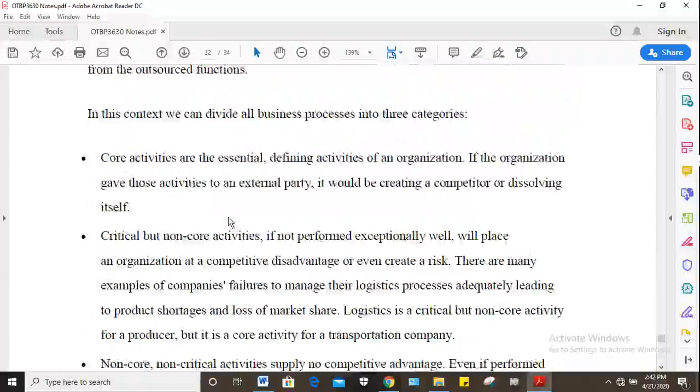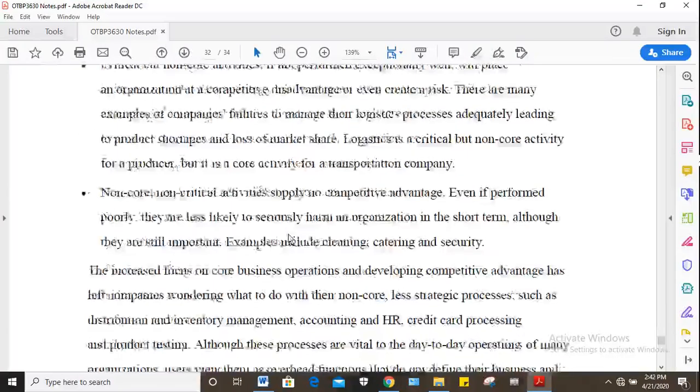So usually a business would want to outsource the non-core functions because the core functions are very critical. They can't have them being done by someone else because they are the ones the very existence of the business is based upon. So that's why it's important to identify the two.